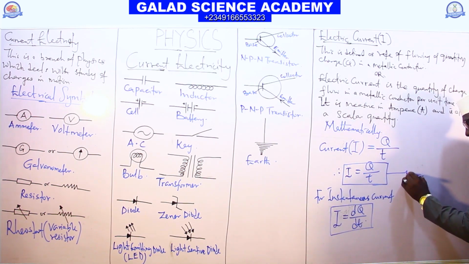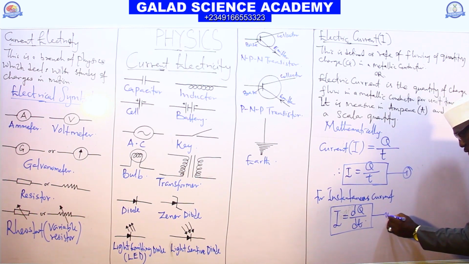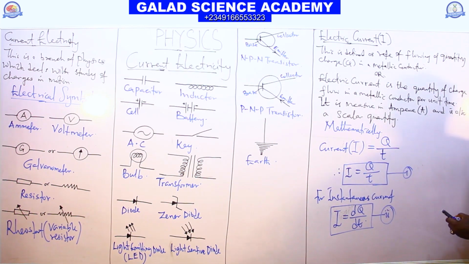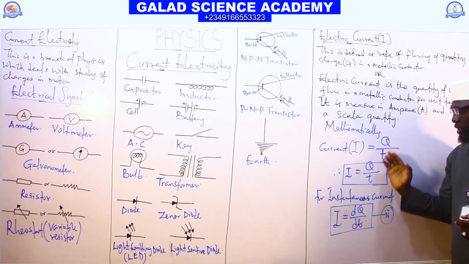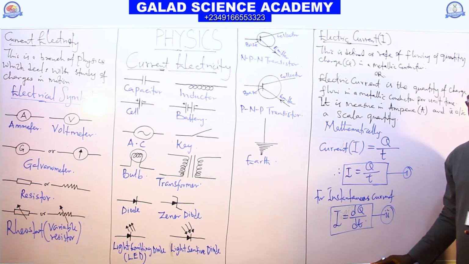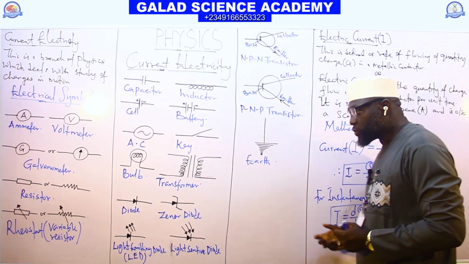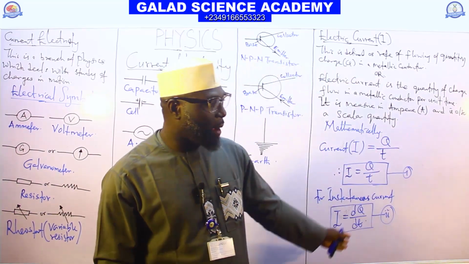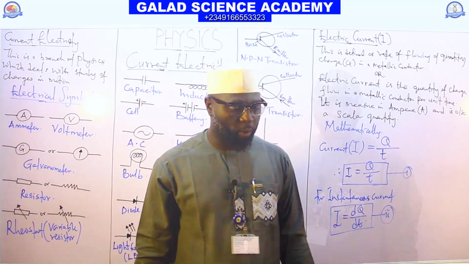If this is equation 1, this will be equation 2. So these are the formulas for current. Let's solve questions by applying these two formulas.